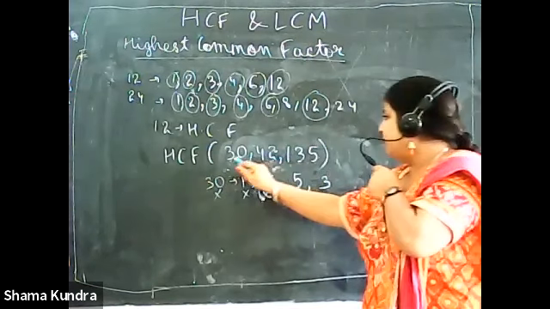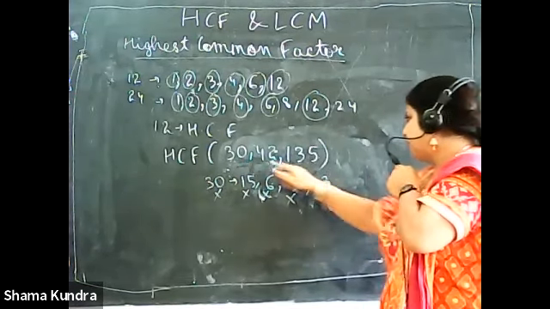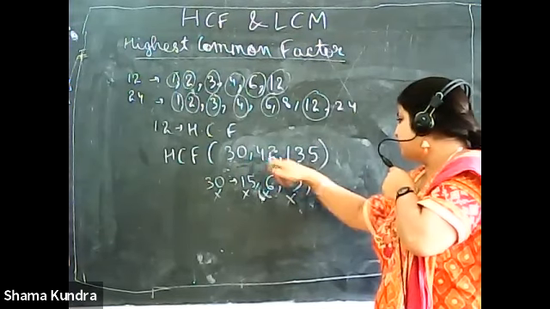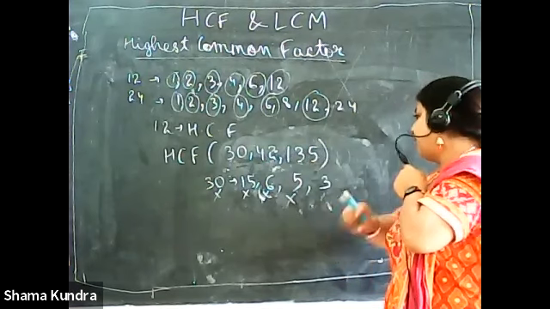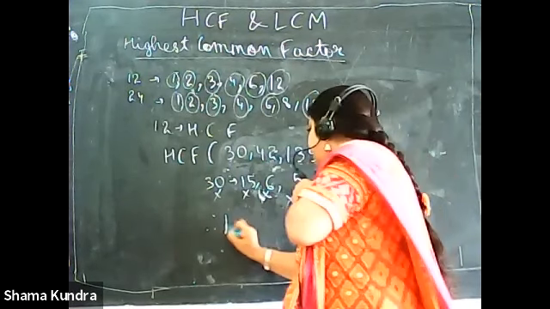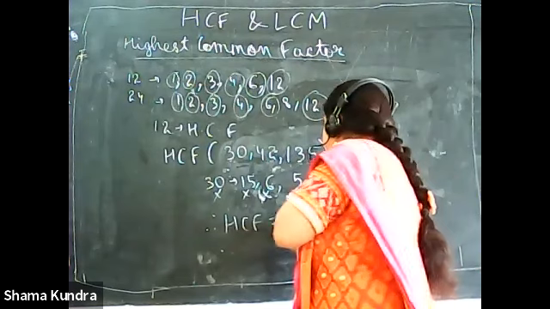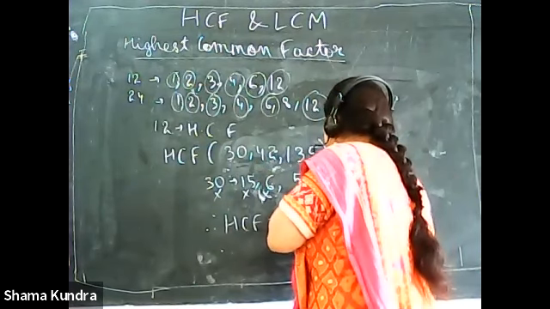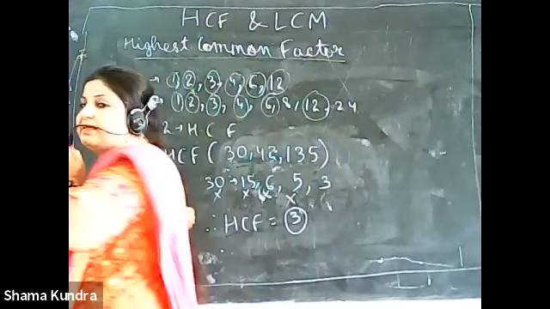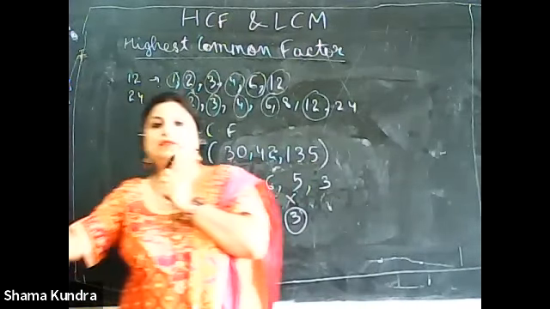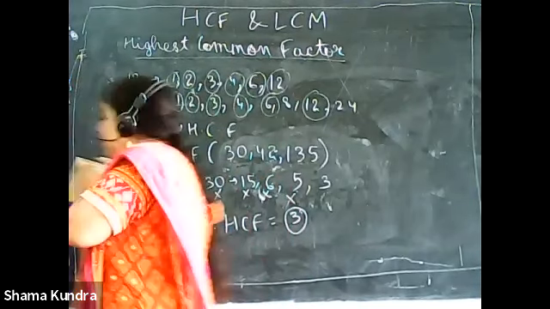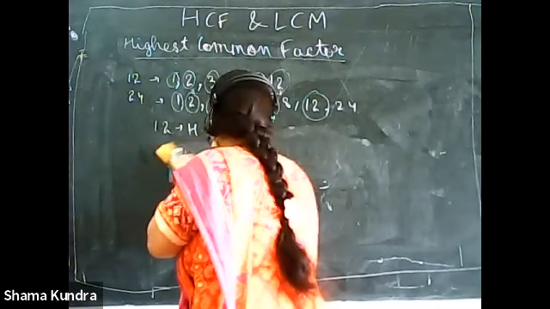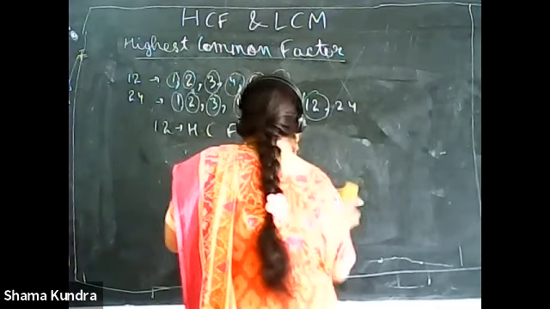If I divide 30 by 3, yes. Can 3 divide 42? Yes. Can 3 divide 135? Yes. Therefore, the HCF of these three numbers is 3. This is one of the methods to find HCF, as 3 divides all these numbers.